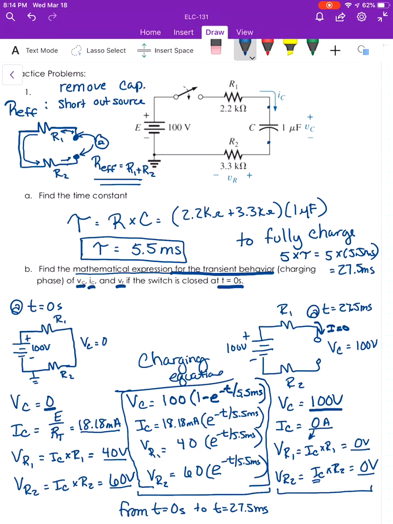So how would we find, for instance, the voltage at 10 milliseconds? We would just plug the 10 milliseconds into t here. We would just plug that time right into our equation here, and here, and here, and here.